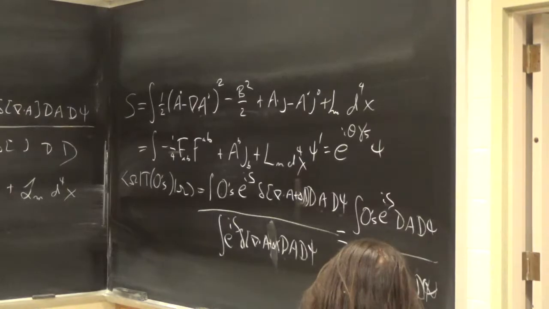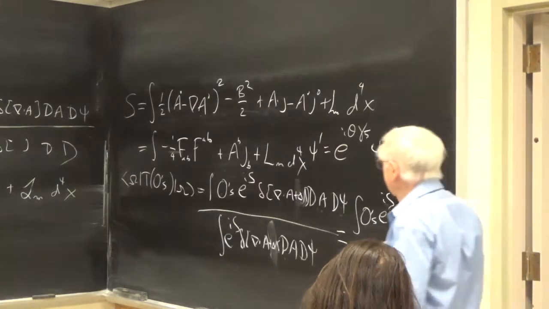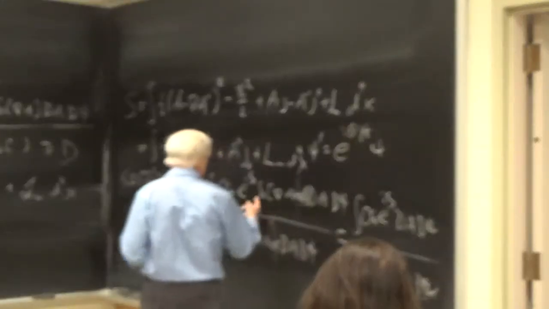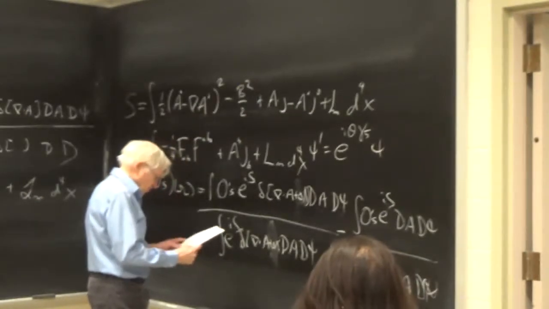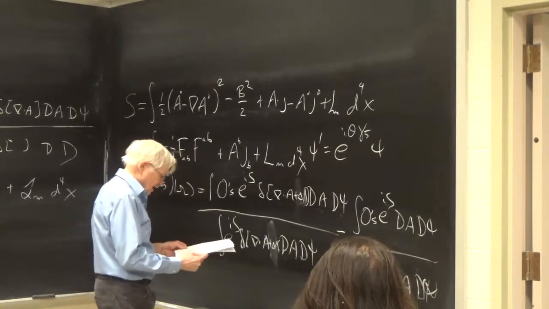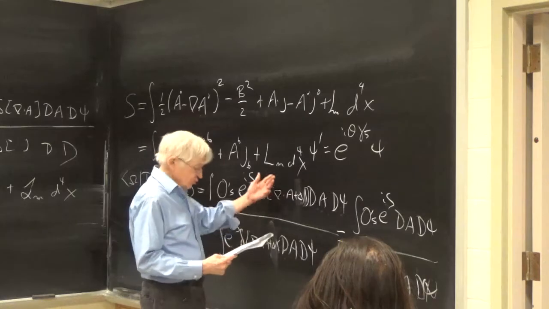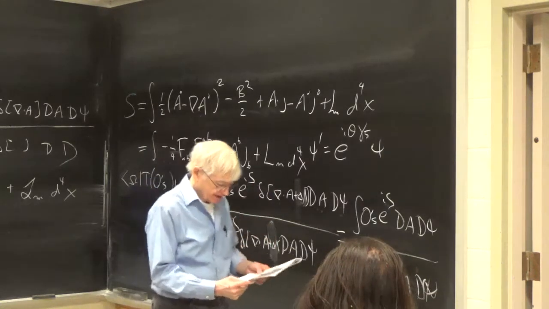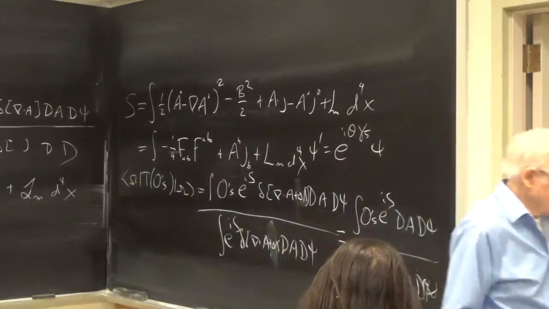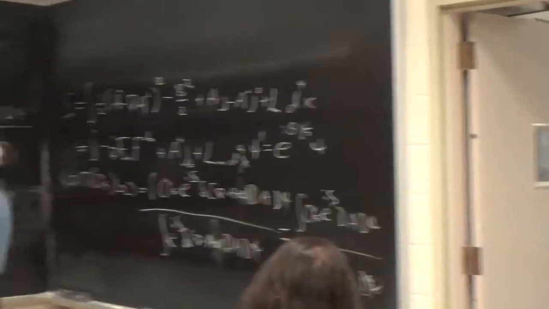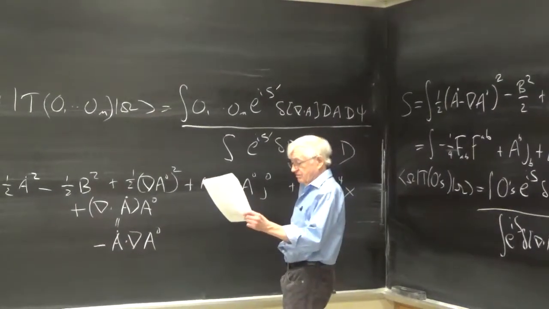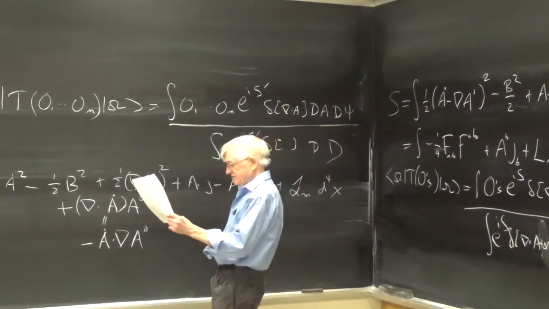The second choice is to fix the gauge, and here what you do is you multiply the numerator and the denominator by a gauge fixing term. I'm running out of board space, and we still have quite a bit of time left.